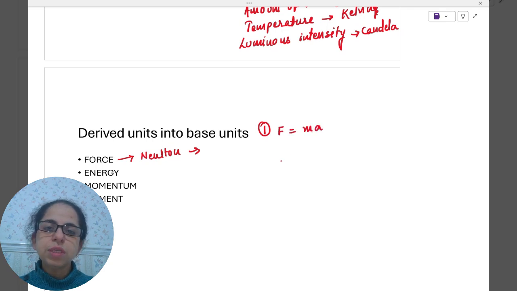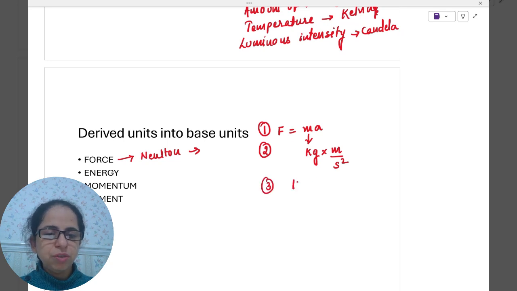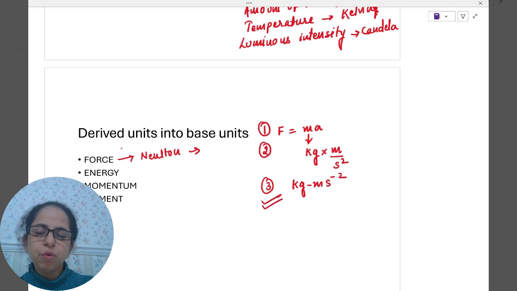So force is mass times acceleration. The second step is to convert everything in the formula into its base units. The base unit for mass is kg. The base unit for acceleration is meters per second squared. Third, rearrange everything: kg m s to the power minus 2. That's your base unit for force.